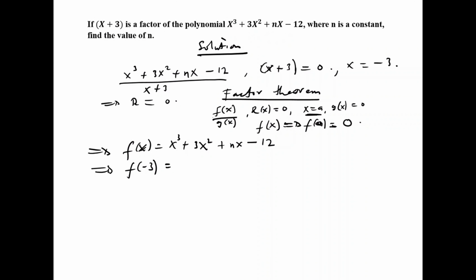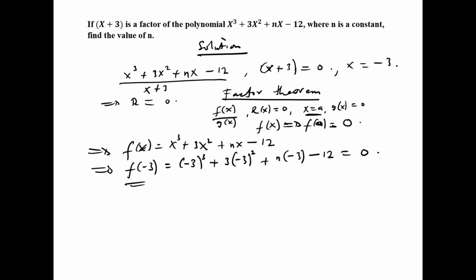Take note of that. Now let's proceed. We have open bracket minus 3 close bracket raised to the power of 3, plus 3 open bracket minus 3 close it raised to the power of 2, plus n open bracket minus 3 close it, minus 12, everything equal to 0.